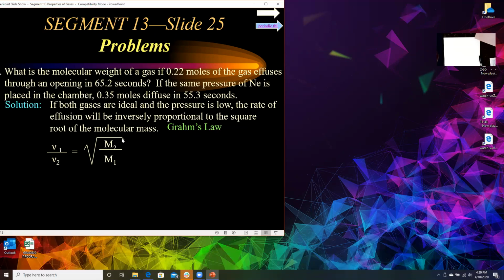Remember, it's an inverse relationship. So my velocity for my unknown is 0.22 moles in 65.2 seconds. That's 0.00337. The velocity for neon is 0.35 moles in 55.3 seconds, 0.00633, in moles per second is what these would be.